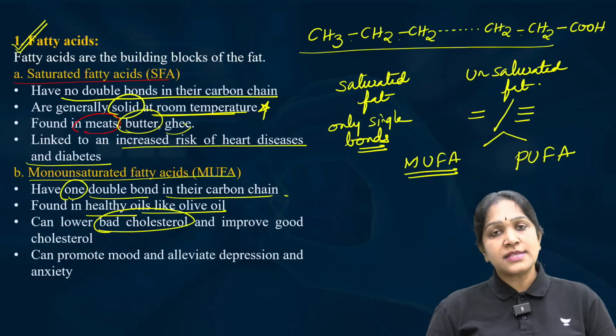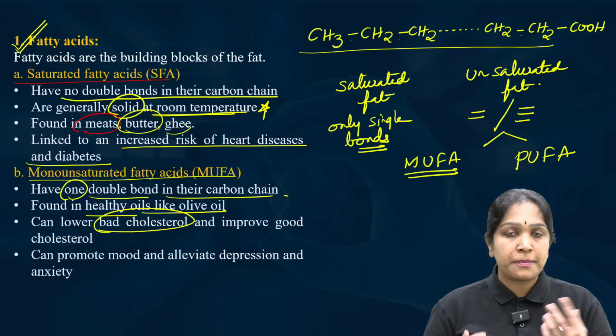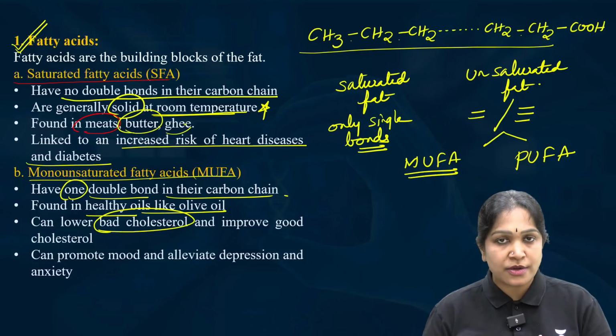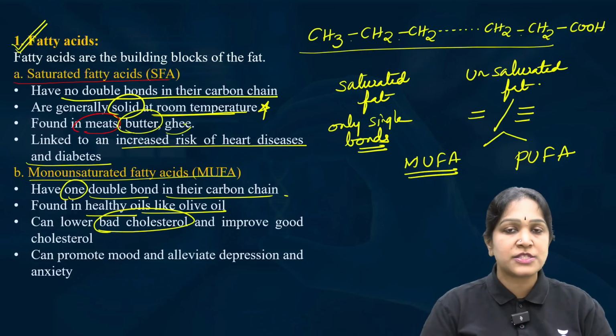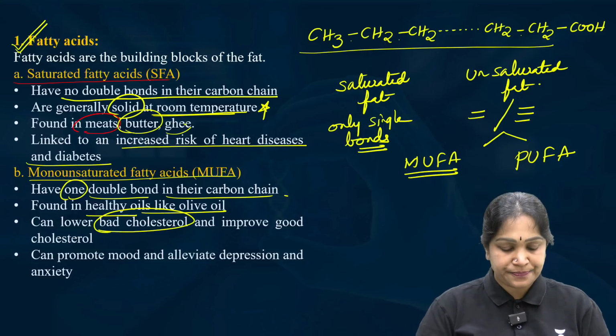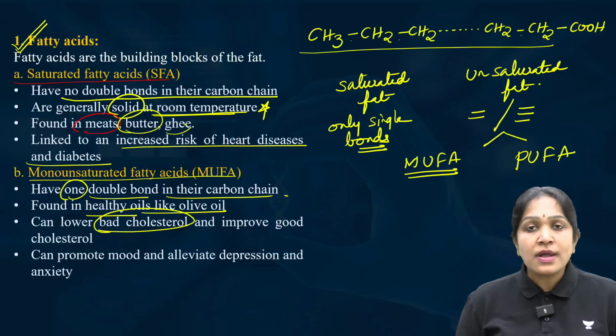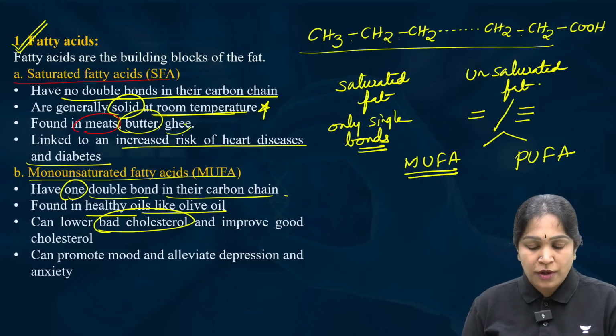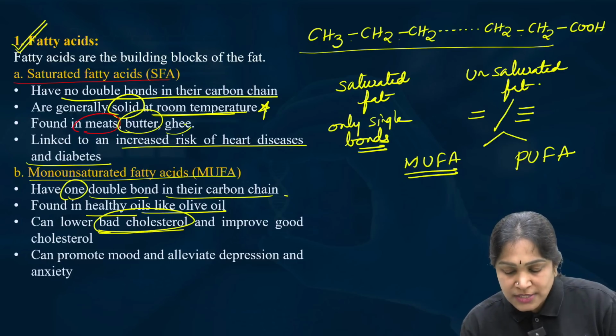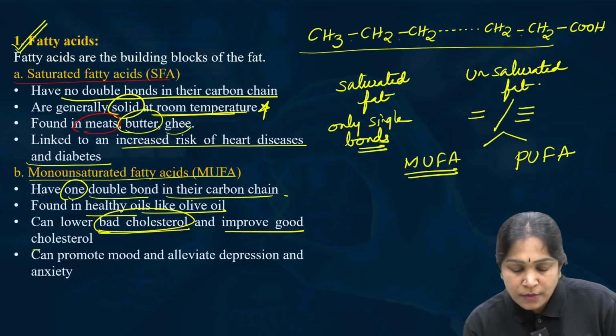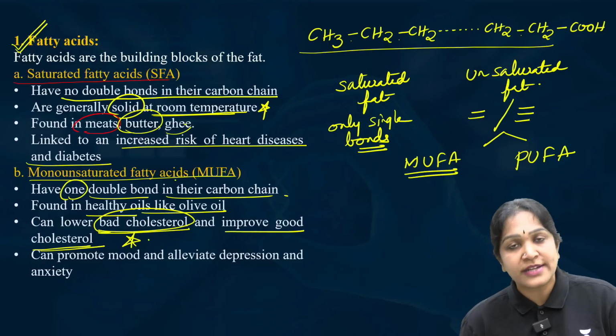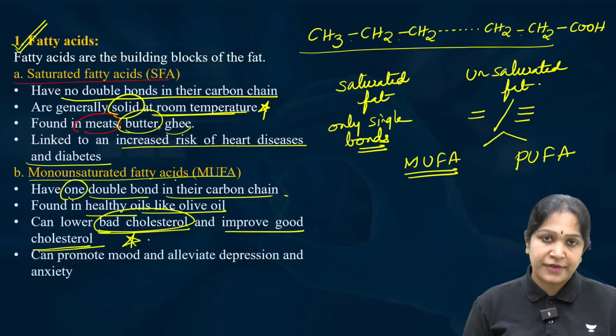We are going to discuss the types of cholesterol, good cholesterol and bad cholesterol, after some time, once we complete these fatty acids. But the monounsaturated fatty acids have a role of lowering the bad cholesterol and improving the good cholesterol. From this we can understand that the monounsaturated fatty acids are healthy for us.